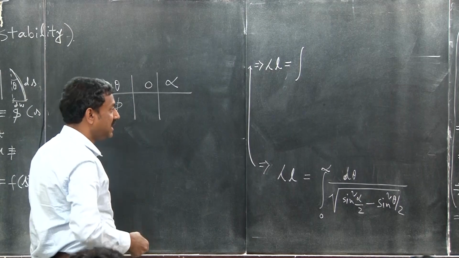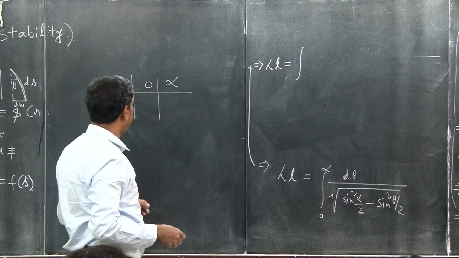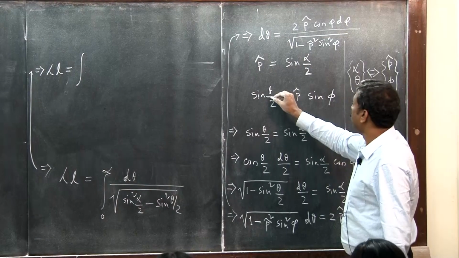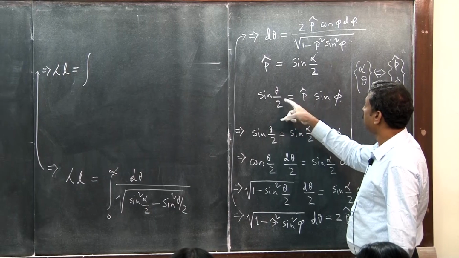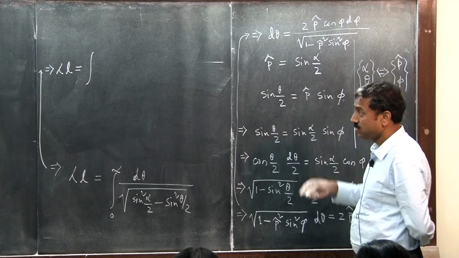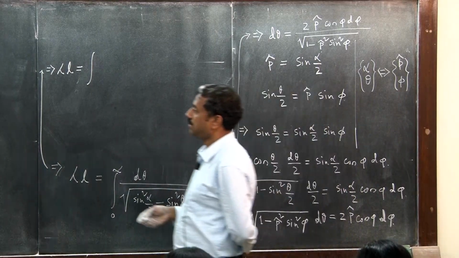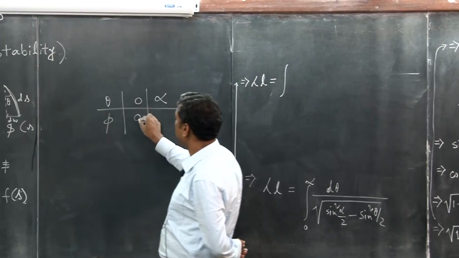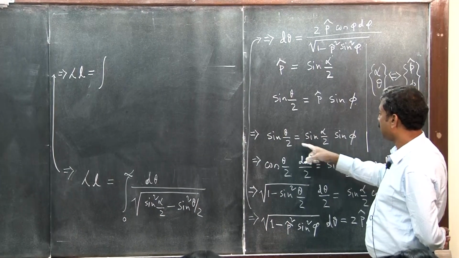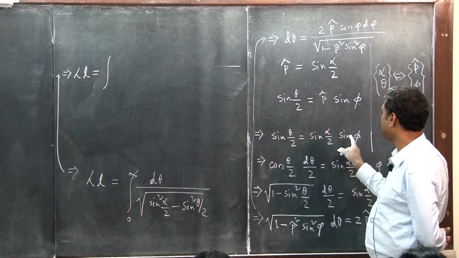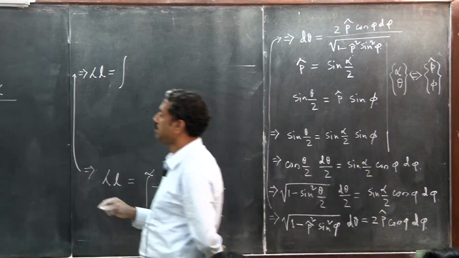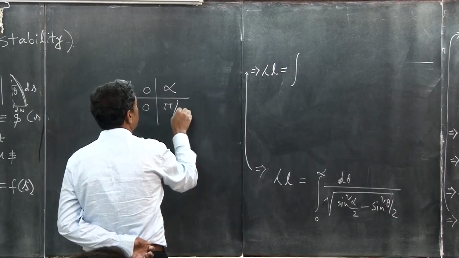When theta is 0, what is phi? It is 0. But if theta is alpha, sin phi is 1, so phi is pi by 2.